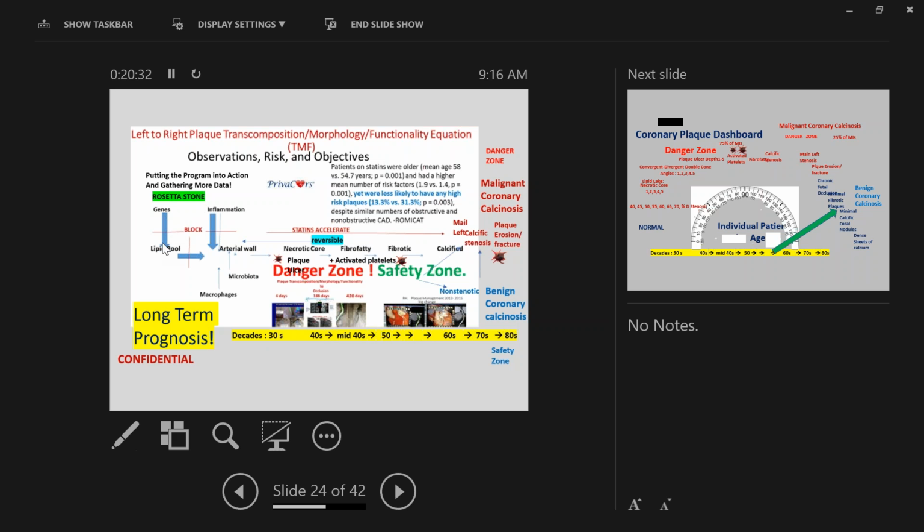We're looking at genes, lipid pool, macrophages, microbiota, the arterial wall, inflammation, and as that goes across the decades of life, when you get into your 40s, you're creating little plaque pimples, basically, that are liquid necrotic core that has a risk of rupturing, and then you start doing something to neutralize that in the system.